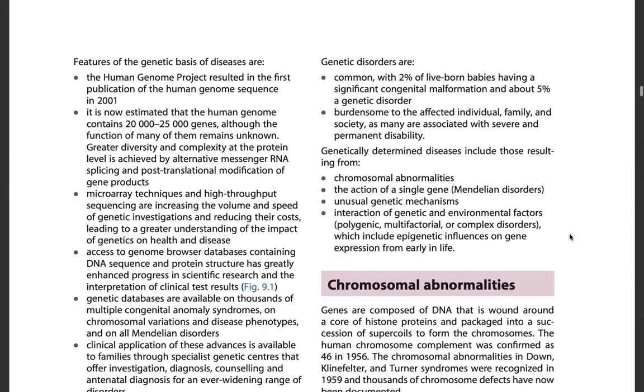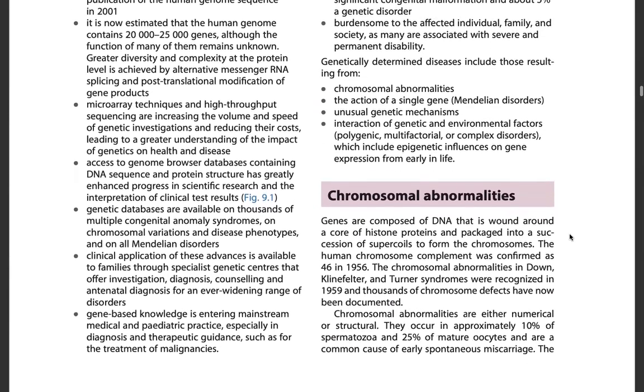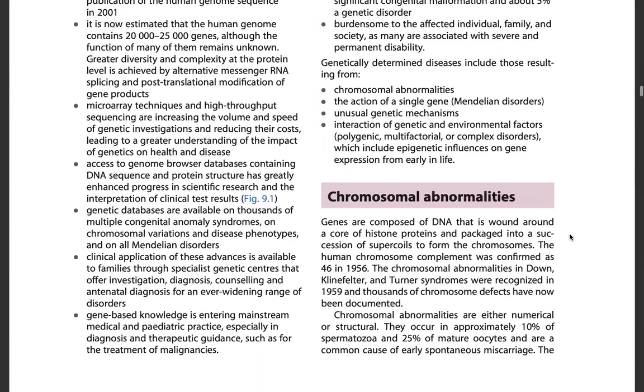Now, chromosomal abnormalities. Genes are composed of DNA that is wound around a core of histone proteins and packaged into a succession of supercoils to form the chromosome. The human chromosome complement was confirmed as 46 in 1956.